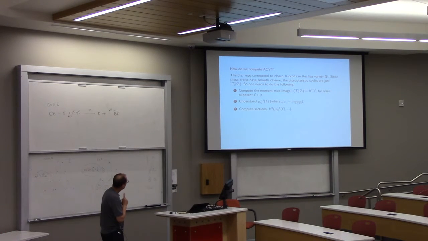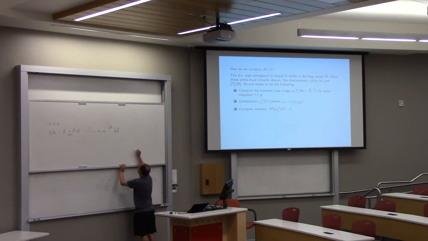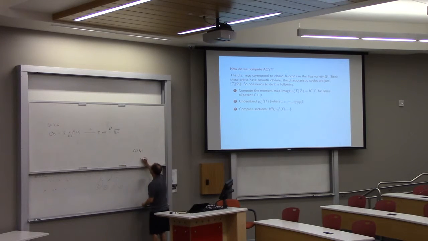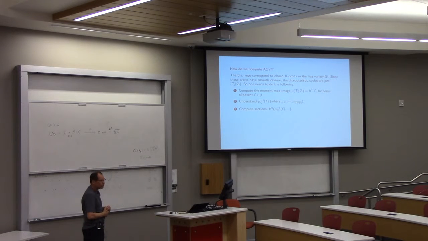And so whenever you have a KGB orbit with smooth closure, the characteristic cycle is exactly 1 times the conormal bundle of that orbit. And so that means we don't have to worry about computing the characteristic cycle.